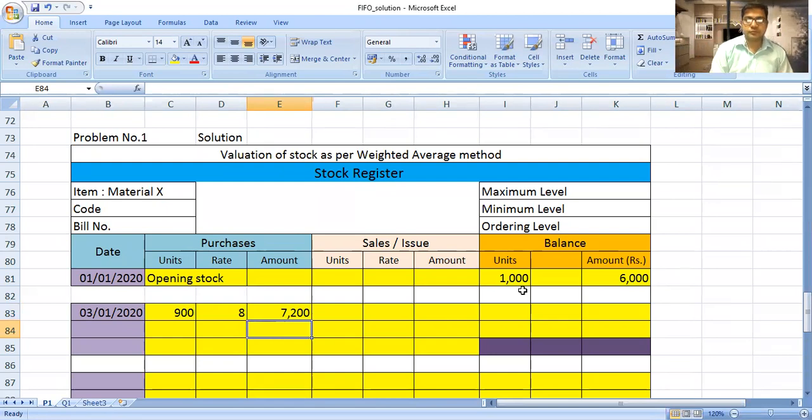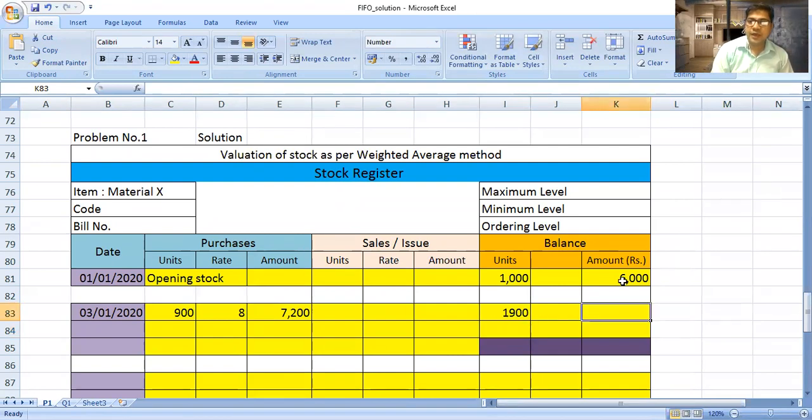Now we have a previous opening stock of 1,000. New purchases 900. Total units 1,000 plus 900, it is 1,900.